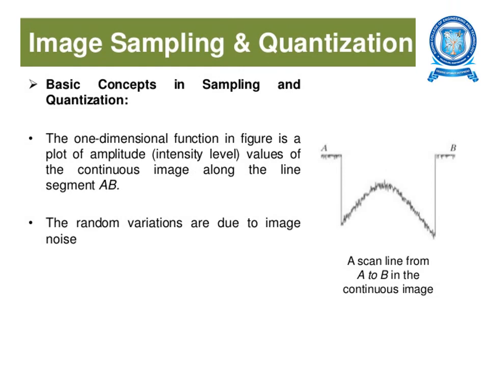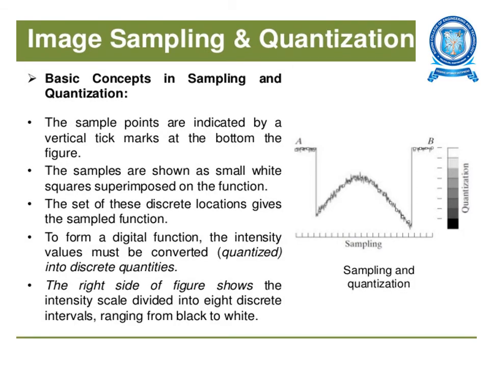The one-dimensional function is a plot of amplitude. As I told you earlier, we are mapping it onto the gray levels. There may be some noise added in the image, and due to that noise there are some random variations along the graph. You can see a scan line from A to B in a continuous image.